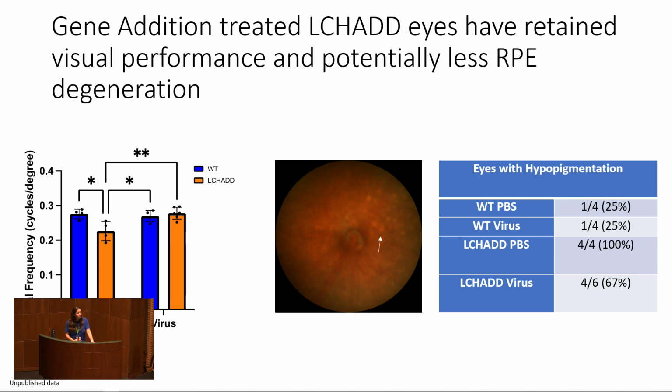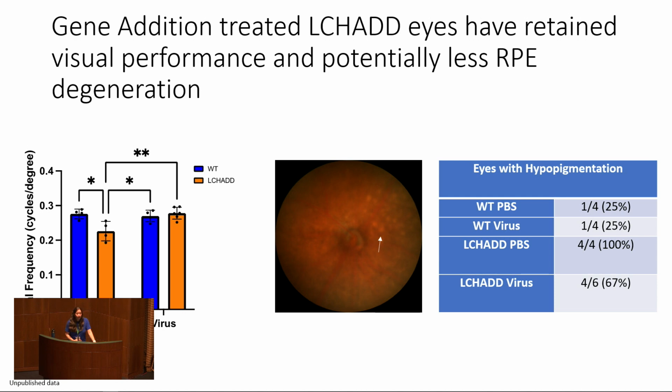We also looked to see if it prevented RPE degeneration, where again, an image of that RPE degeneration is there in the middle with the white arrow. And we calculated the percentage of eyes in each of the groups that had hypopigmentation. You can see that for LCHADD eyes that were not treated with gene addition, the LCHADD PBS, 100% of those eyes developed some hypopigmentation indicating RPE degeneration.